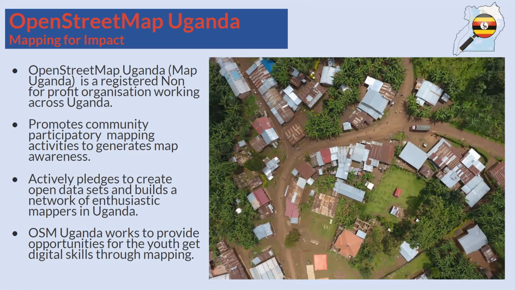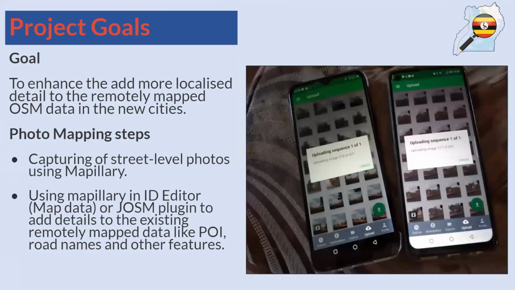And also OpenStreetMap Uganda works to provide opportunities for the youth to get digital skills through mapping. And these have been conducted through training the youth to get involved in our projects, and also through our internship programs that we conduct periodically at Map Uganda. Next slide.